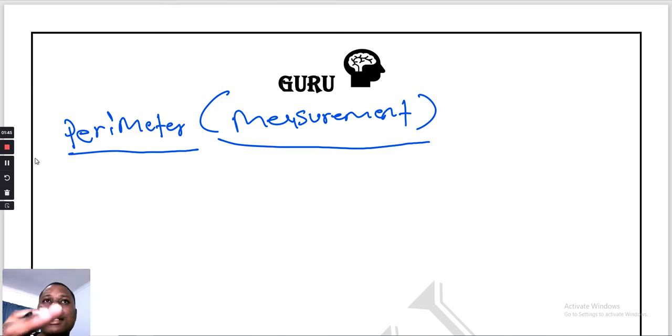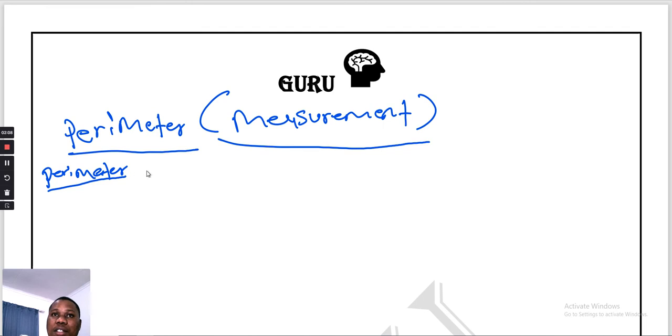First things first, we need to understand what a perimeter is. With the definition that I'm going to give you, you can stick with it, but if you find a definition that you understand better, it's also advisable that you go with it.